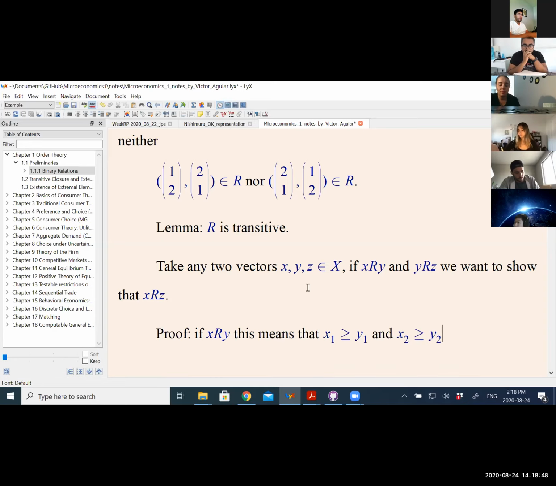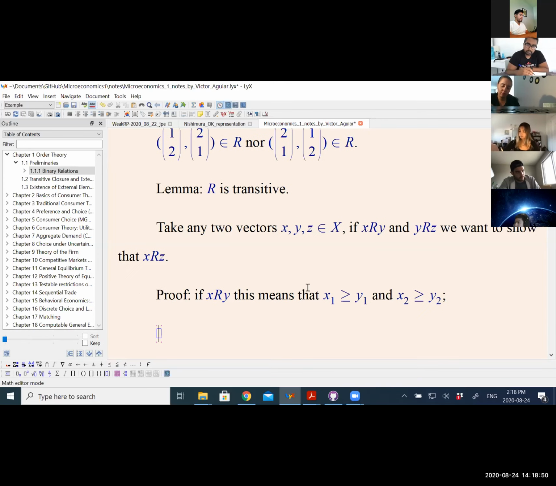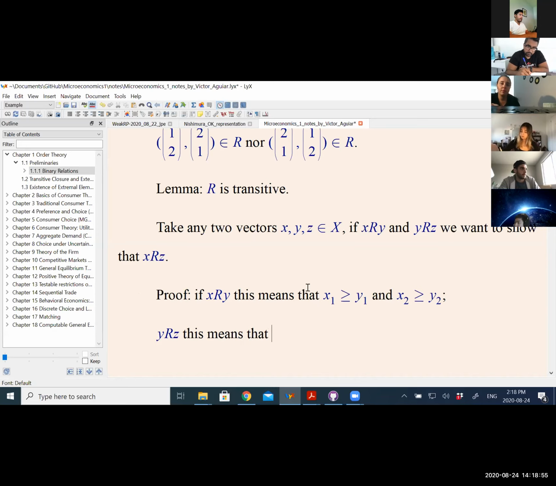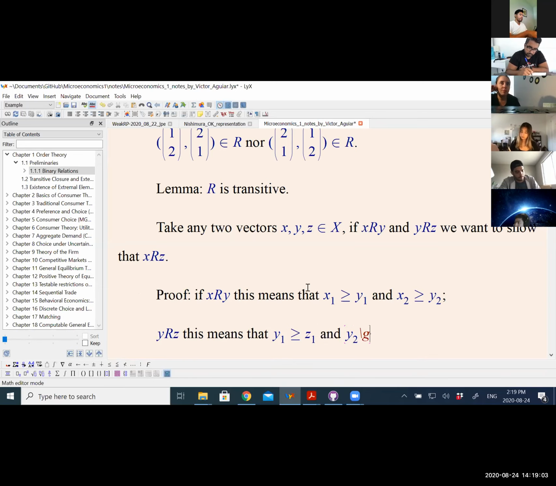Second piece of information is that given that Y is in relation with Z, this means that Y1 is greater than or equal to Z1, and Y2 is greater than or equal to Z2, okay?